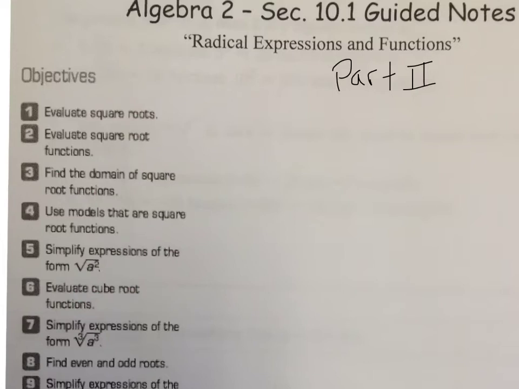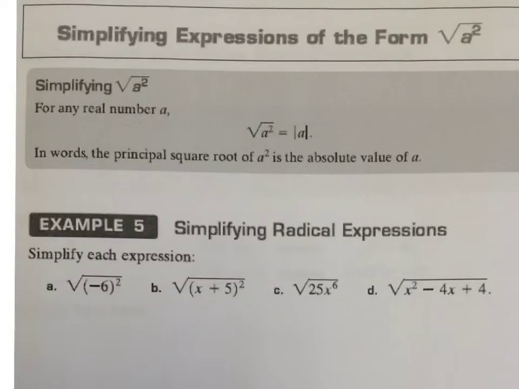So let's turn to page 5 in your notes. You can see here, simplifying expressions in the form square root of a squared. When you simplify the square root of a squared for any real number a, the squared and the square root symbol sort of cancel out.